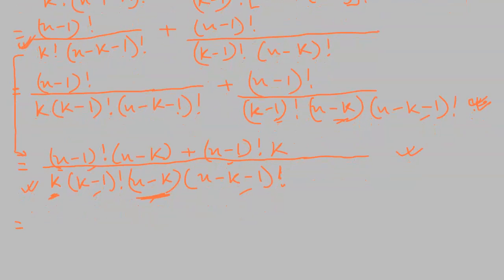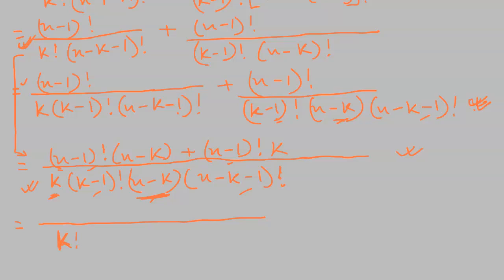So now, I can combine them. k times k minus 1 factorial, it will be k factorial. That's why I am saying that this breakup is not essential. But it may help you to decide what should get multiplied with the numerators and what should be the common denominator.